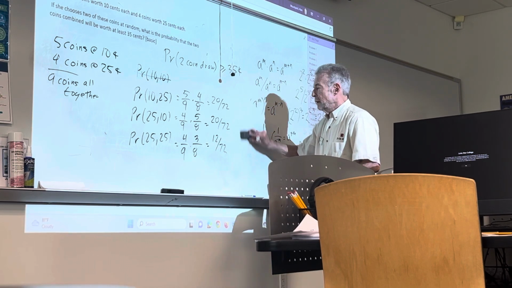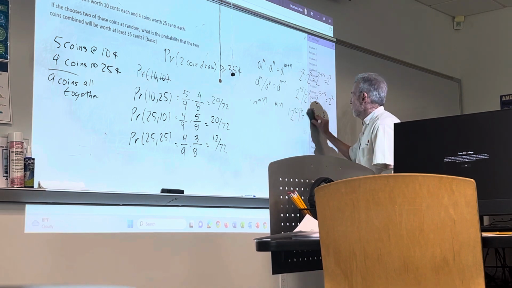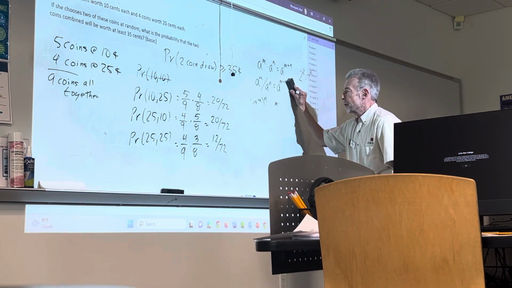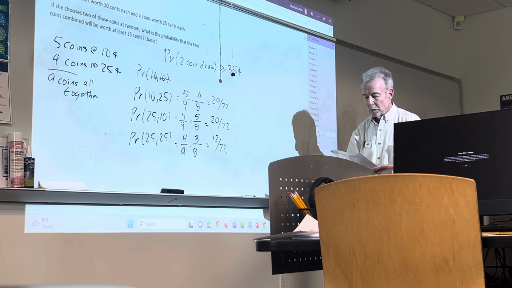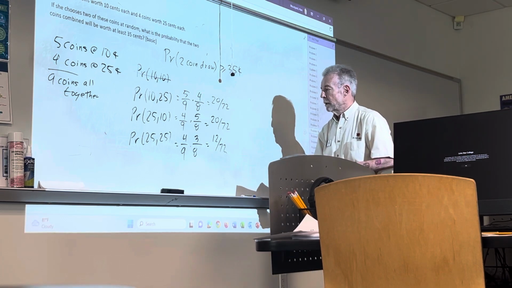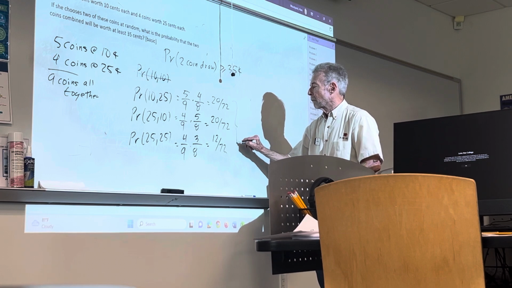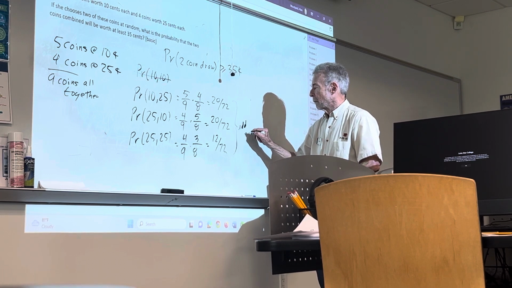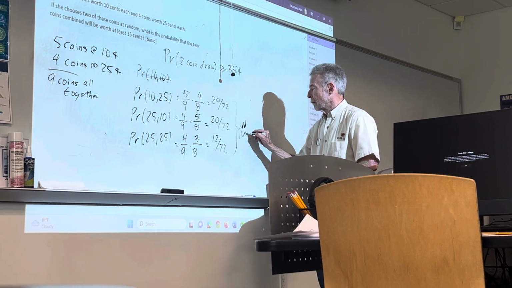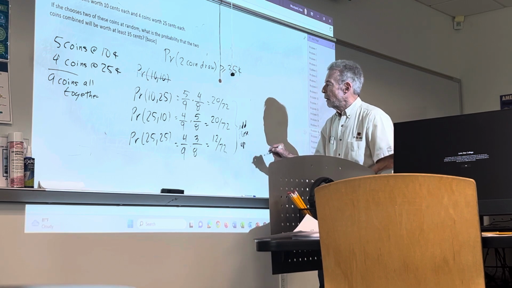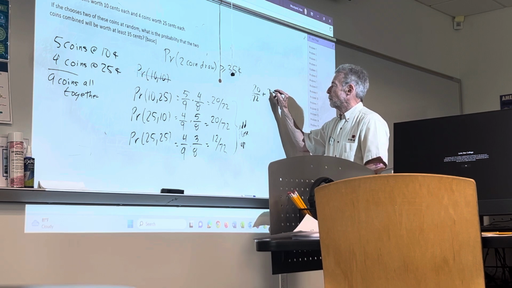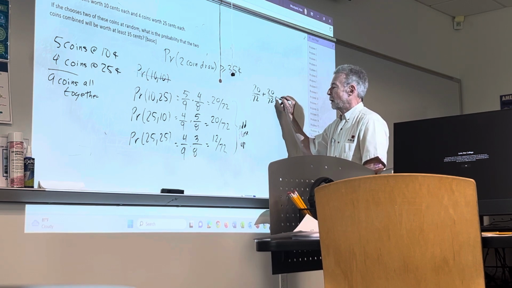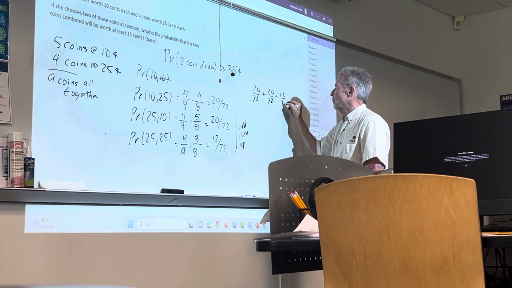So we found the probabilities of each of those 3 possible draws that would give us at least 35 cents. So now what we're going to do is add them up. So it's going to be 20 over 72 plus 20 over 72 plus 12 over 72.